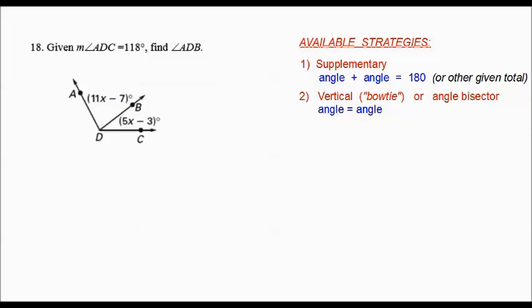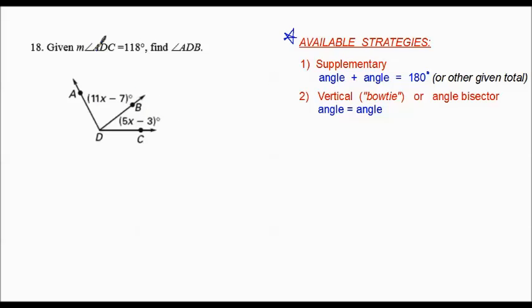In the next problem, we keep in mind our available strategies here. If the angles are supplementary, which means that together the two angles form a straight line, which is 180 degrees, or vertical, which are the ones that form a bow tie, or they have an angle bisector, in both cases, the angle is going to be equal to the other angle.